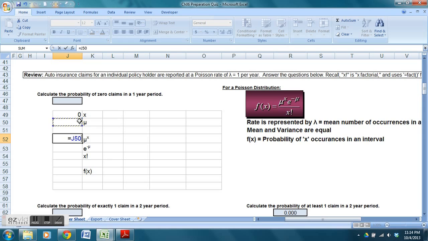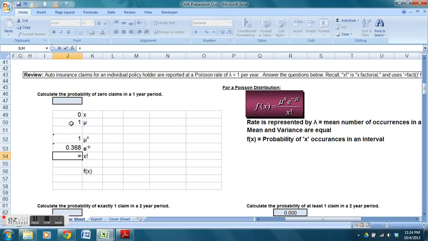Mu to the x, e to the negative mu, and what you want to use for e to the negative mu is your exponent function. Returns e raised to the power of the given number. So the number that we want to give is negative mu. Don't forget that negative sign. There we go.